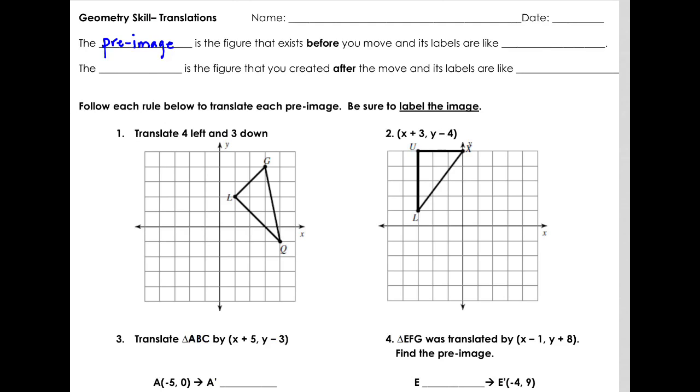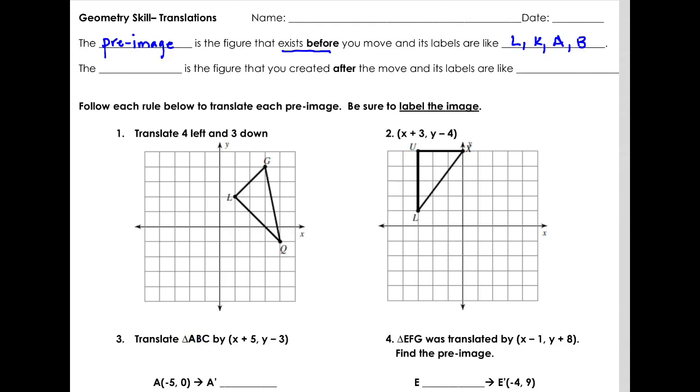So a pre-image exists before you move, and it's basically labeled like any original letters that we usually label figures with, like L, K, A, B, any type of letter without any type of markings on it.